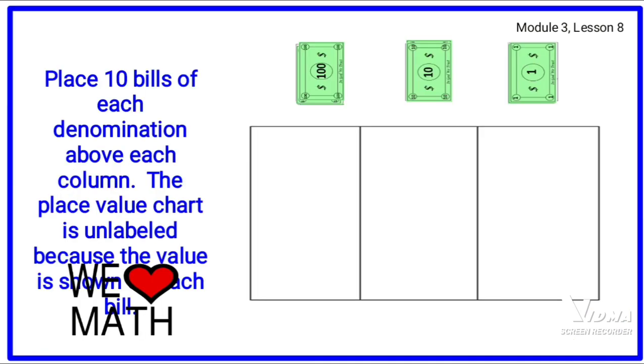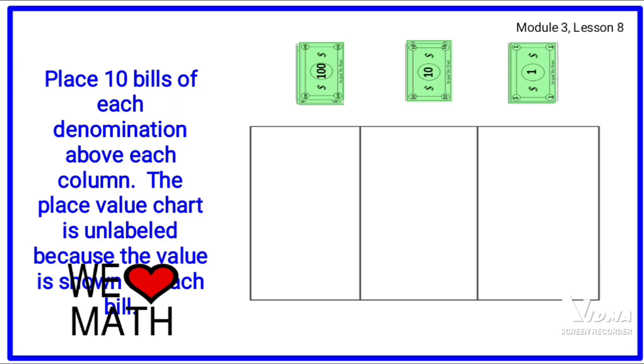Let us count by $1 up to 124. We'll place 10 bills of each denomination. We have $100, $10 and $1 bills. We'll place them in the columns like the hundreds place value chart: hundreds, tens, ones.